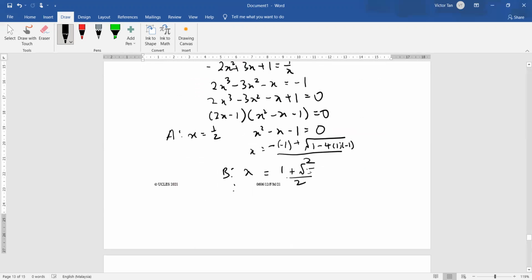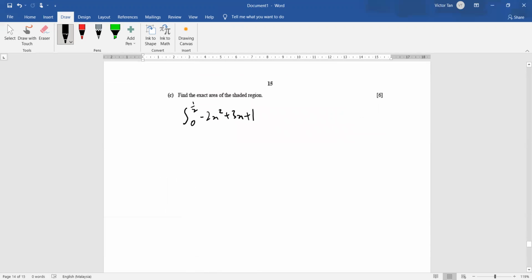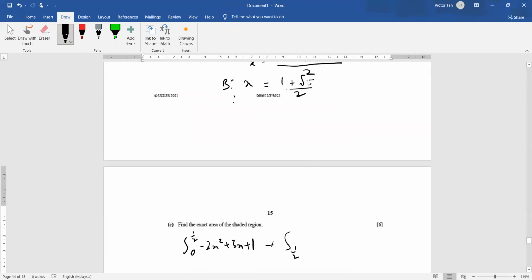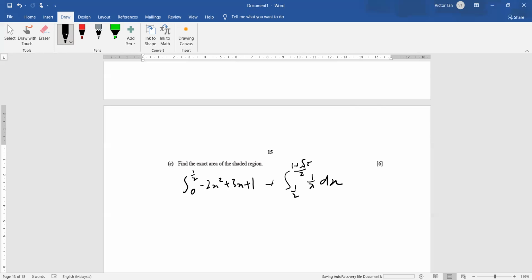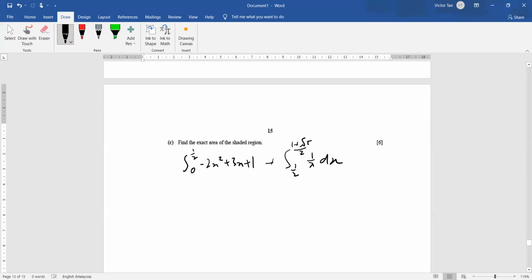Okay. Plus, this is from half to 1 plus root 5 over 2, of 1 over x dx. This is the area. So you need the exact area.